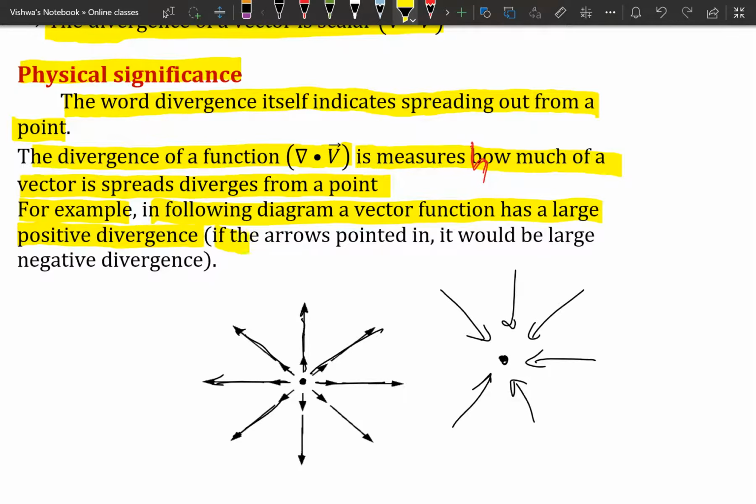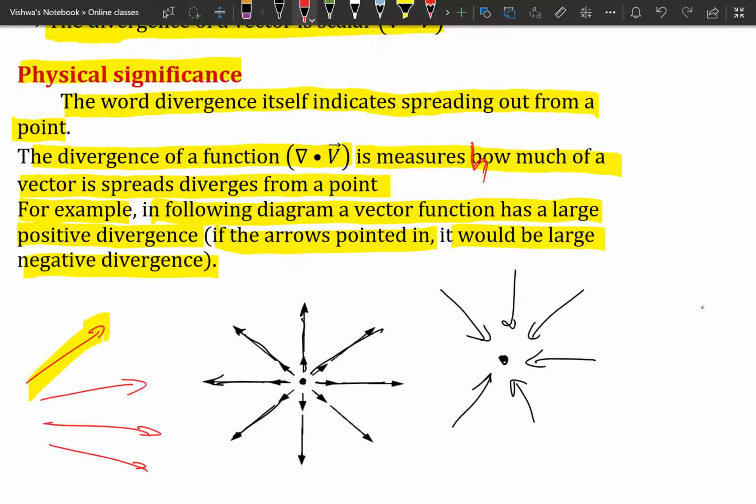If the arrows pointed in, it would be a large negative divergence. And you can see one more example. This is also divergence going from a certain point.